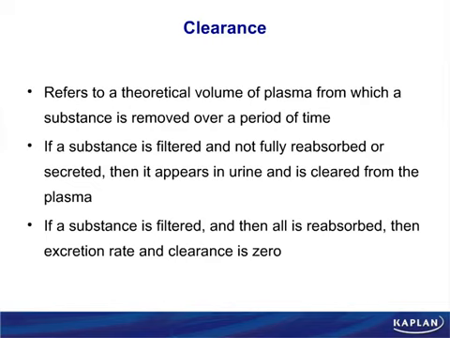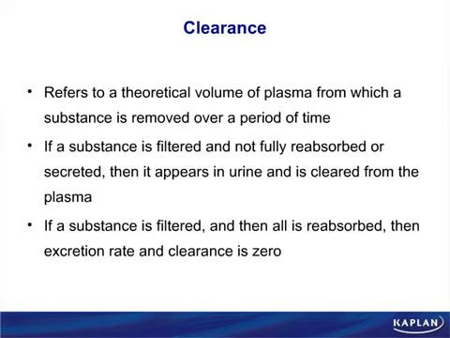Clearance is a theoretical volume of plasma from which a substance is removed over a period of time. That's what the concept of clearance refers to. Basically, if a substance is filtered and then not fully reabsorbed, or if a substance is filtered and secreted and it appears in the urine, or if a substance is excreted in the urine, it is cleared from the plasma.